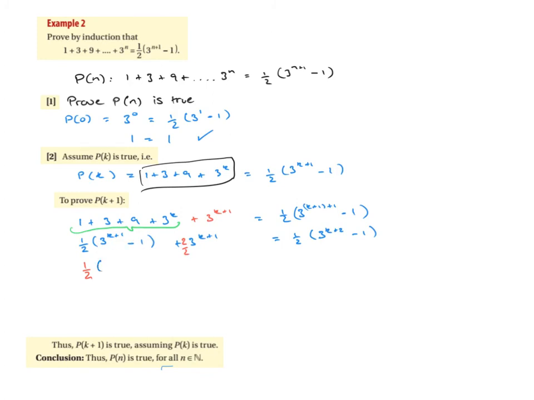So that's going to be 3 to the k plus 1 minus 1, and on the other side what I have is plus 2 multiplied by, so 2 lots of 3 to the k plus 1 on the right hand side there. So if you're not sure what happened there, the half has come out, half by 3 to the k plus 1 minus 1 will give me this bit here.